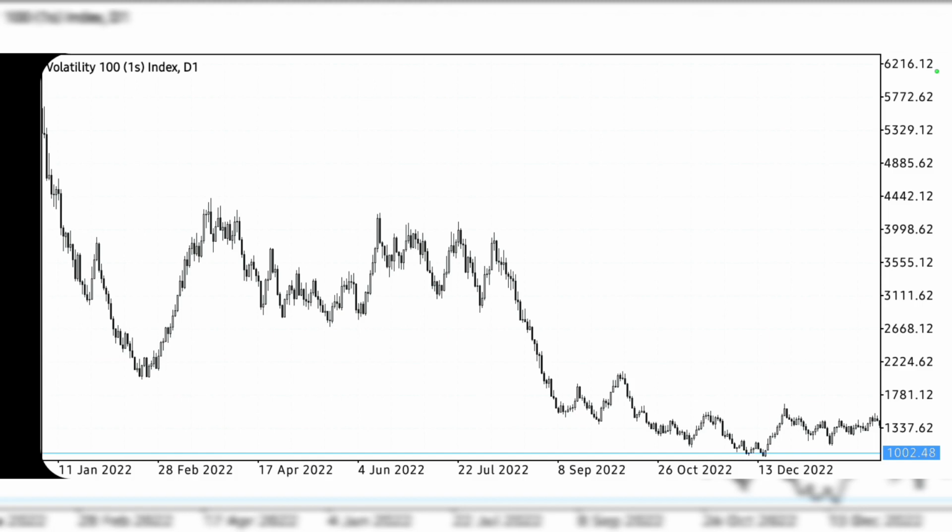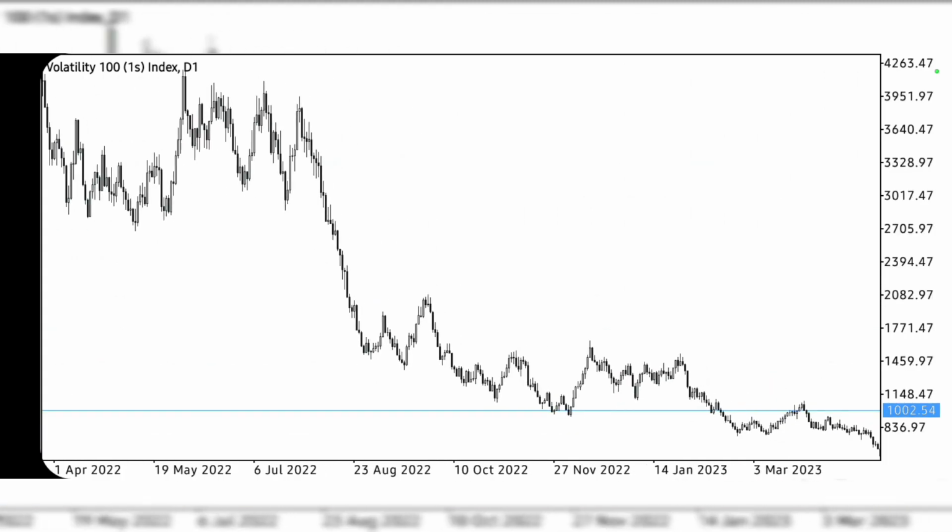But with area of interest, you are marking out a whole area, and you are expecting the market to get to that area and use any point in that area to react. But for point of interest, you are expecting the market to react at that particular point you are marking out.